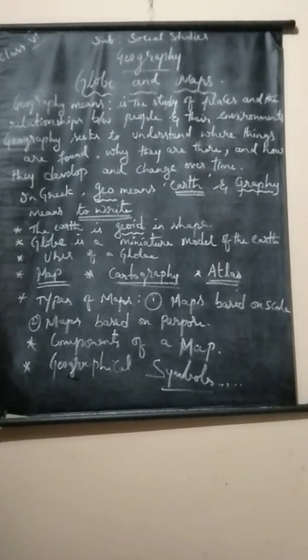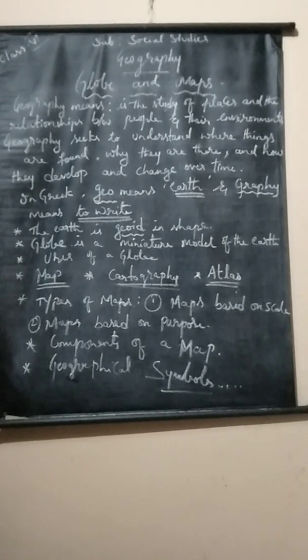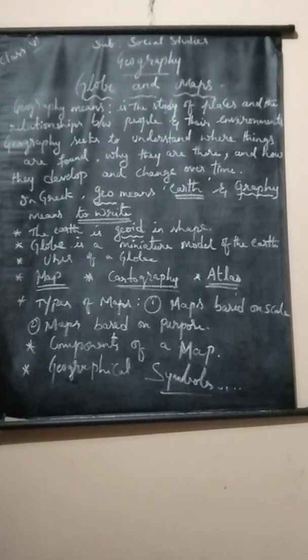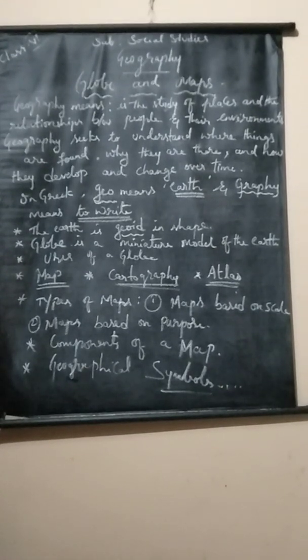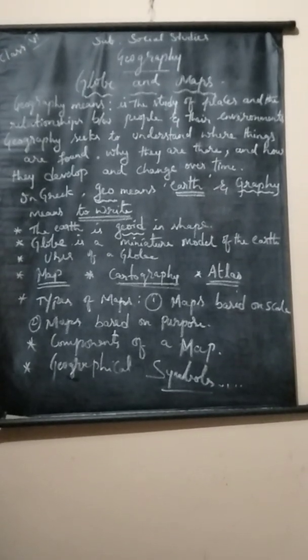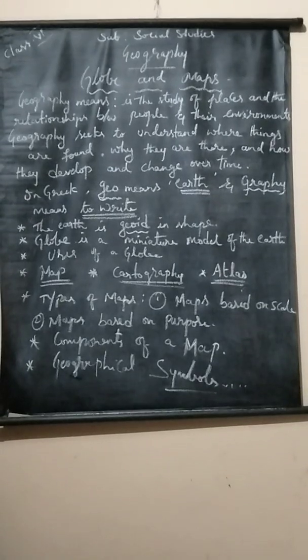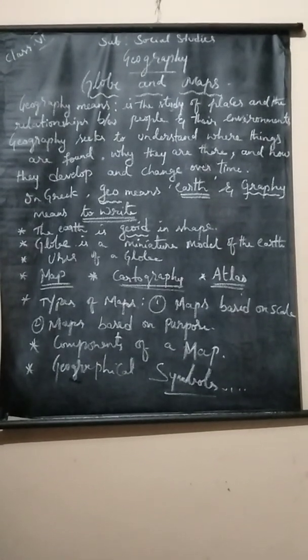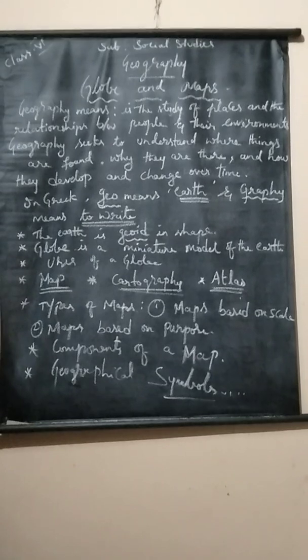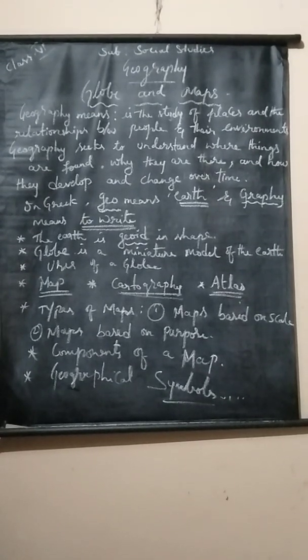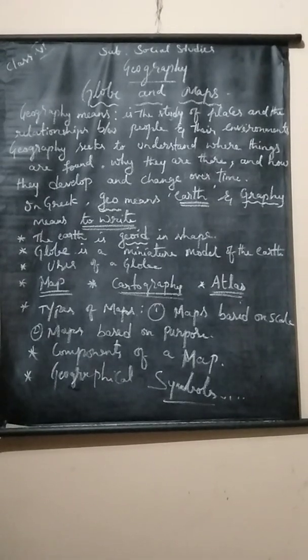Large scale maps represent small areas. They can be divided into cadastral maps and topographical maps. Cadastral maps show individual property. Topographical maps show the detailed surface features.